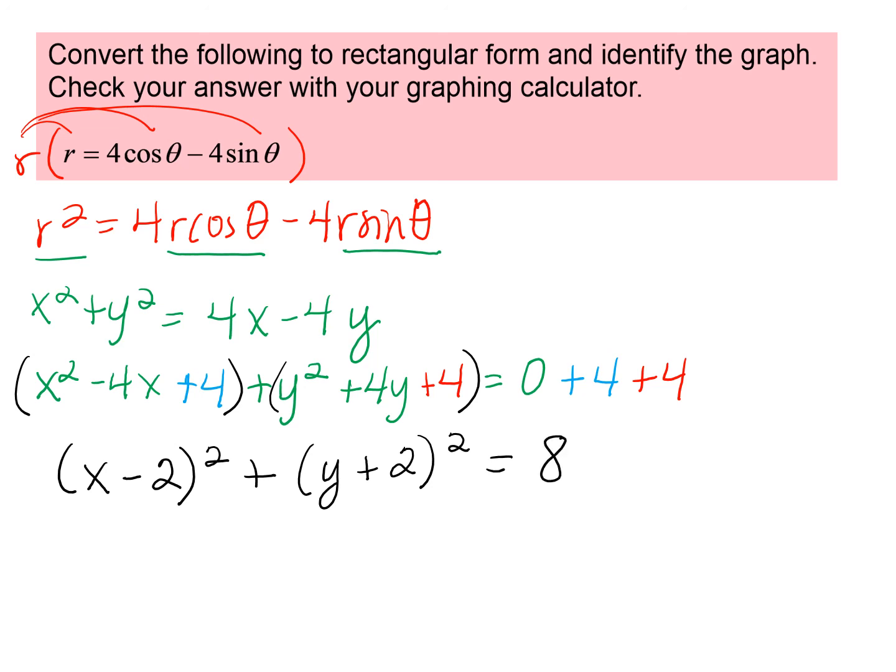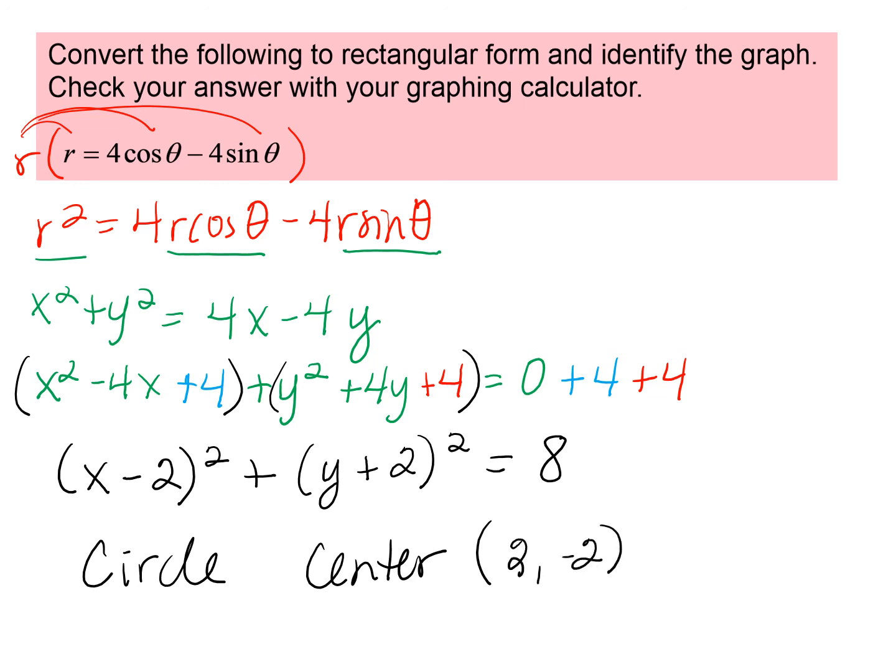So this graph will be a circle. Its center, again, think of the opposite because they're in parentheses, so the center would be 2, negative 2. And your radius would be the square root of 8.